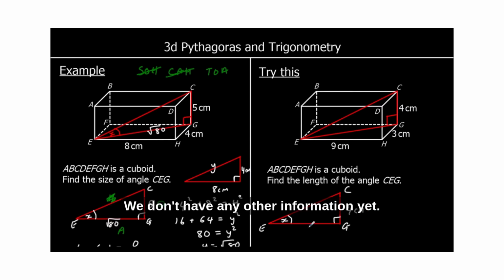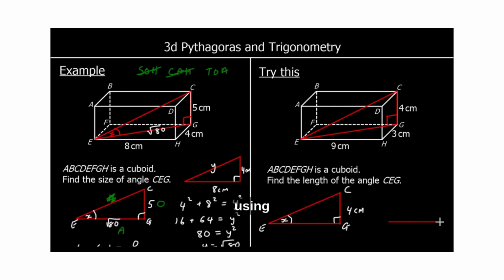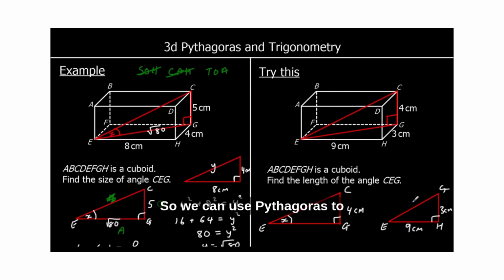We don't have any other information yet, so we need to work out this length EG. So we can work out that length using Pythagoras on another right angle triangle, which is EGH. So G to H is 3 centimeters, E to H is 9 centimeters.